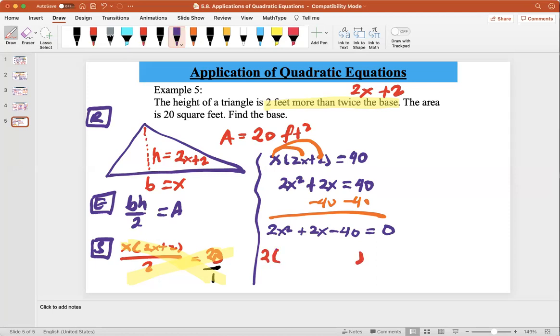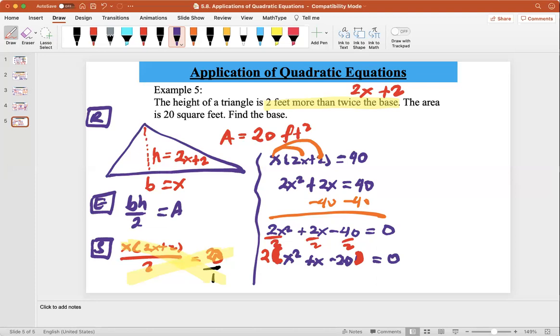We get the other factor inside by dividing the polynomial by 2. 2x squared divided by 2 is x squared. 2x divided by 2 is x, and negative 40 divided by 2 is negative 20, and that's equal to 0.